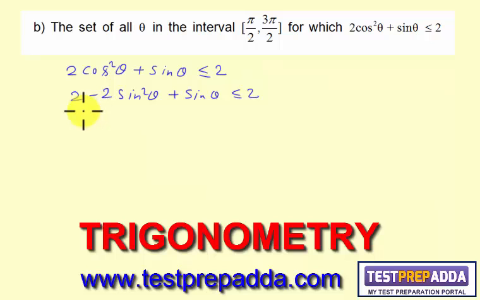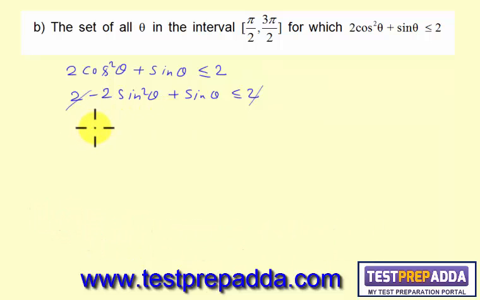Now, if you look at this carefully, 2 and 2 will get cancelled. Sin theta will be taken as common, or better I said 2 sin theta. If I take 2 sin theta as common, then it will be half minus sin theta.